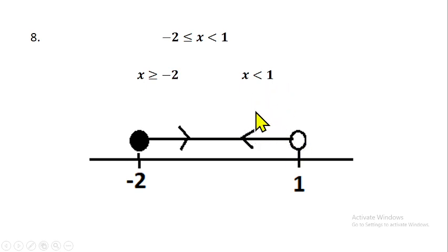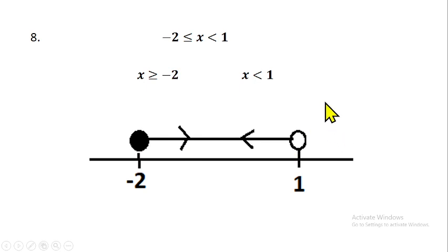Then let's see where the arrow will go. The range of values of x that is less than 1, where are they? They are this side. The range of values of x that is greater than or equal to minus 2, where are they? Those numbers greater than minus 2 are this side: minus 1, 0, 1, 2, and so on. So the arrow is facing this side as well, and that's why the two arrows join together.